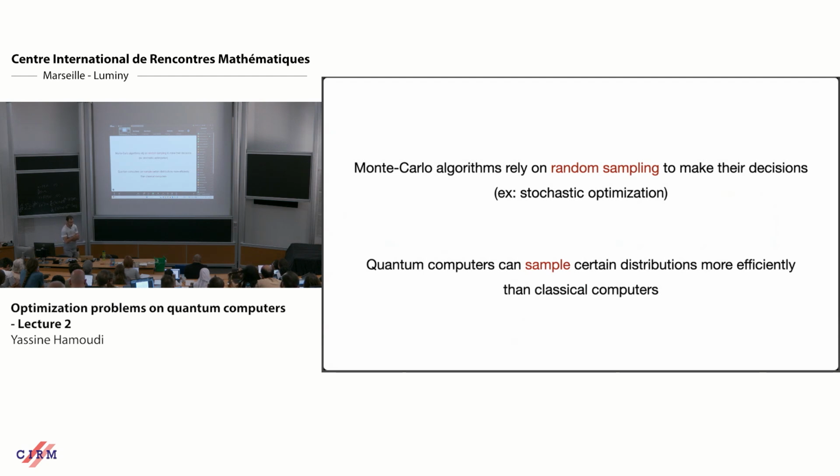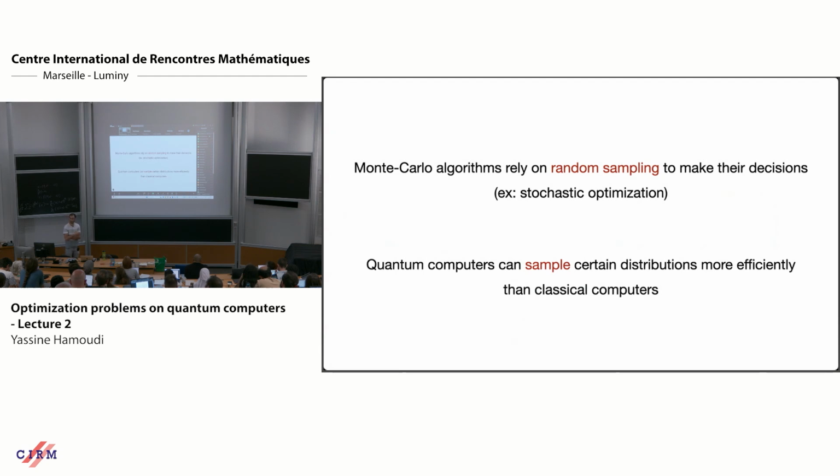Quantum computing is a very good candidate for accelerating Monte Carlo methods because, as you may know, there exist certain probability distributions for which we expect quantum computers to be much more efficient at sampling.